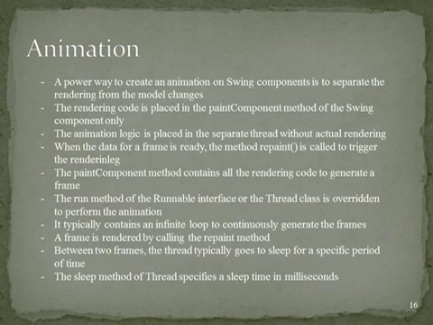When the data for a frame is ready, the method repaint is called to trigger the rendering of the animation. So as we said, paintComponent contains all rendering code to generate a frame.